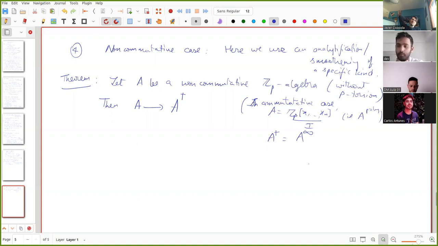So the smoothing of an algebra. And what we want to comment on is the Tate analytification, which I pointed out at some point in the start. And this would just be the p-adic completion of the algebra. So this is the thing that we want to say something about.